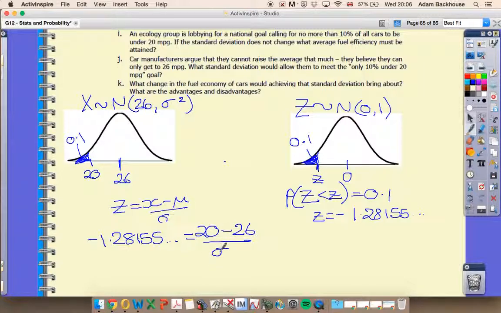Once again, it can rearrange into a linear equation. We can multiply by sigma, divide by our z, and evaluate that so that we end up with a standard deviation of 4.68 miles per gallon. So our standard deviation has decreased. It's gone from 6 to 4.68, showing that there's going to be less variation in the efficiency of our cars.